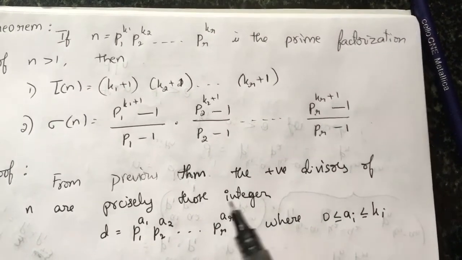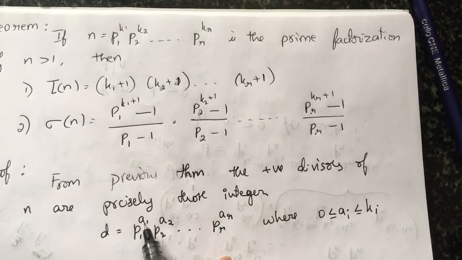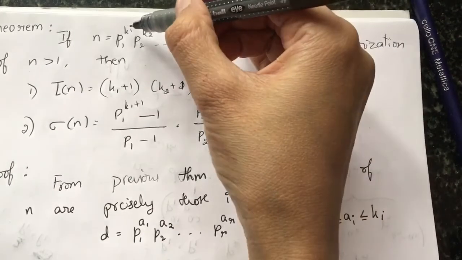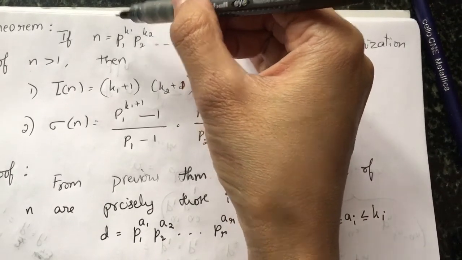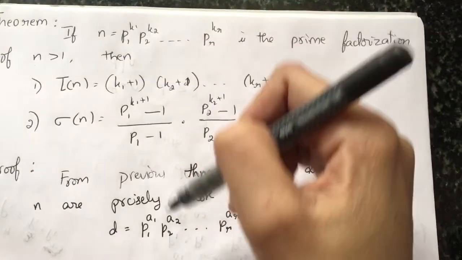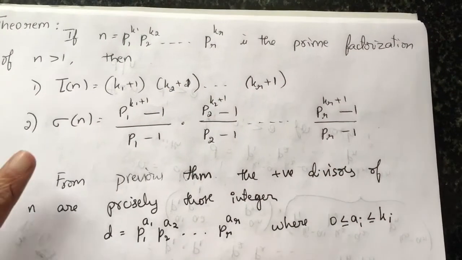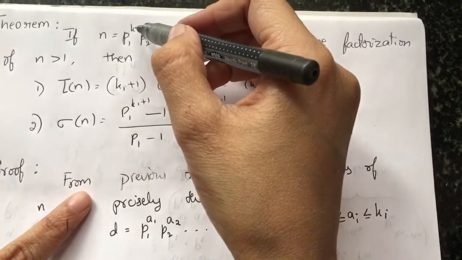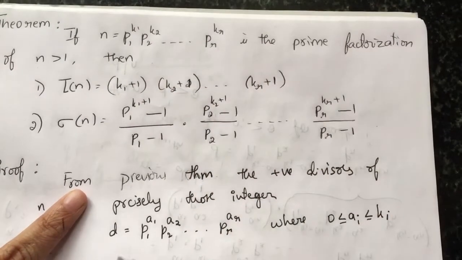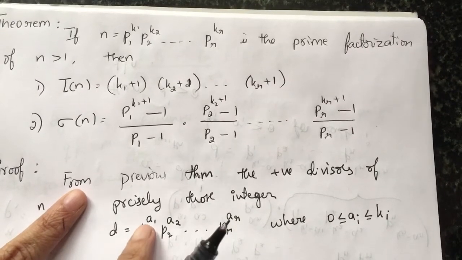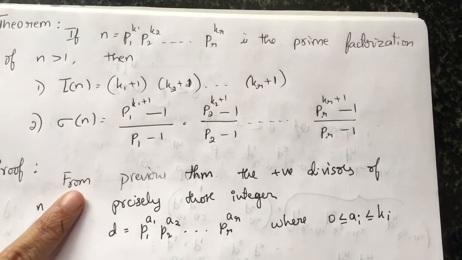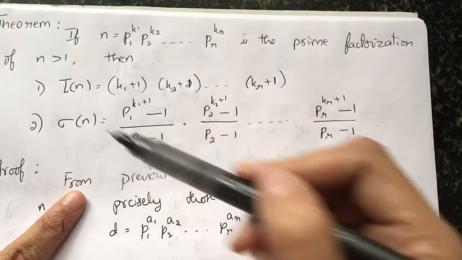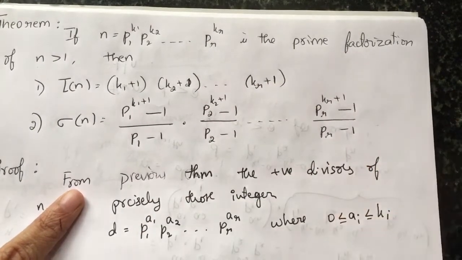Now see, this a1 has k1 plus 1 choices. Okay, this a1 can be equal to 0, that is one choice. And this can be equal to k1. So there are k1 plus 1 choices for a1. a1 can be equal to k1 or can be equal to 0.